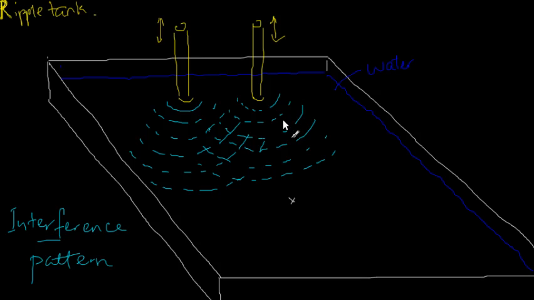And I'm going to start by thinking about the separate waves that come to this point from each of these rods. So maybe let me put that point here. Suppose that this point is at the same distance from both rods.